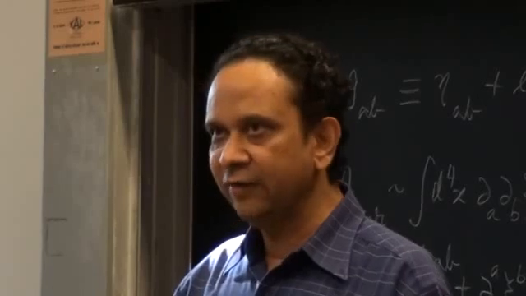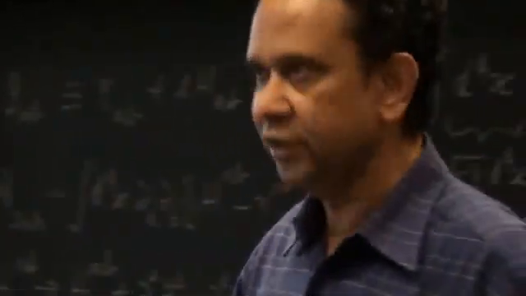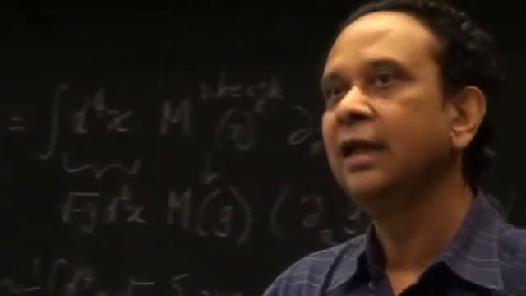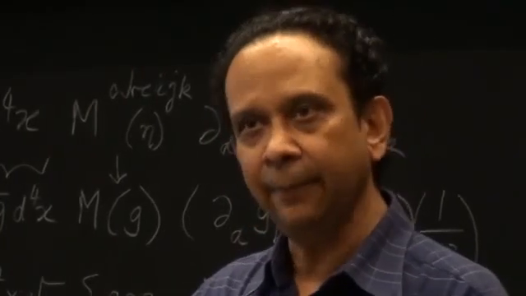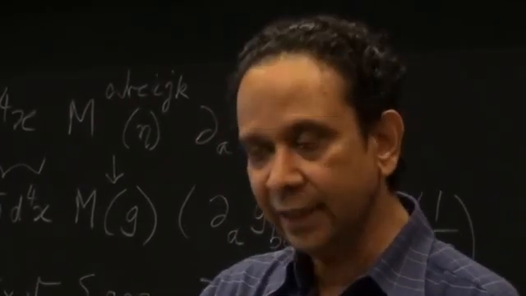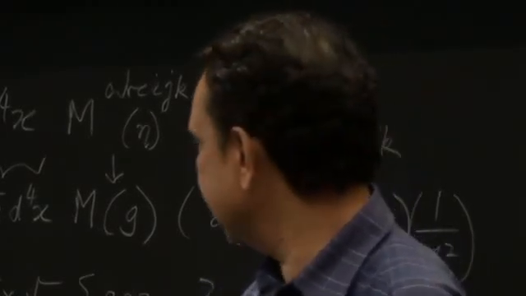So this makes you think along the following line. Well, x^a going to arbitrary functions of x^a is a group, of course, it's the general coordinate transformation group. The infinitesimal part of it is x^a going to x^a plus ξ^a. When x^a goes to x^a plus ξ^a, I know that the metric changes by precisely this part.